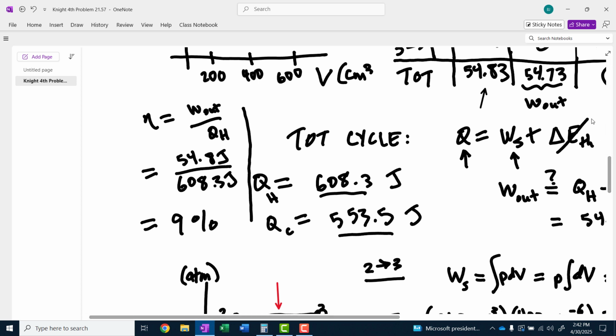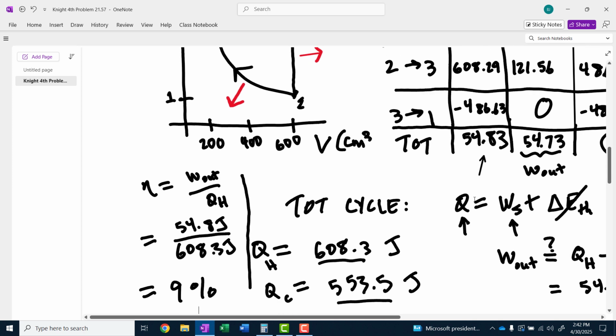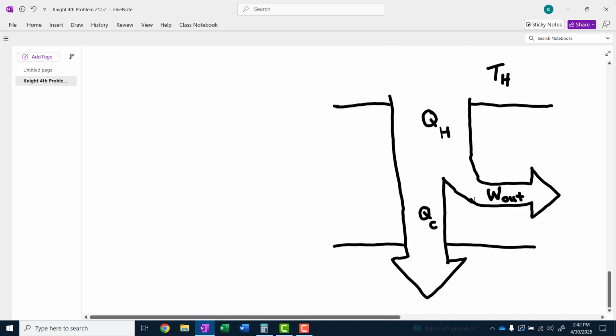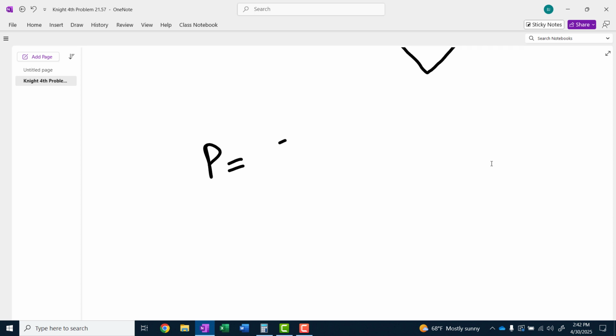But lastly, remember they were asking for the power. We know that each cycle does 54.7 or 54.8 joules of work. So the power output equals 54.8 joules per cycle. And you guys know this, right?